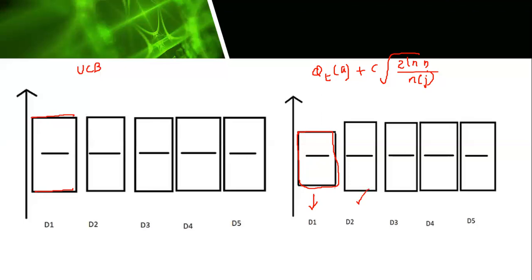Now it will try out 2. As 2 is tried, its bound may decrease again. Whichever is tried so many times will have a smaller bound. If it has a positive reward, the reward will increase, but the bound will get reduced.